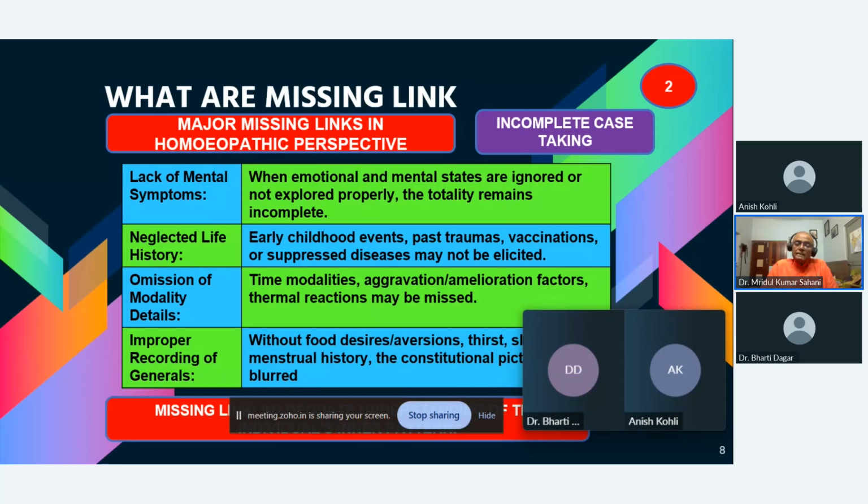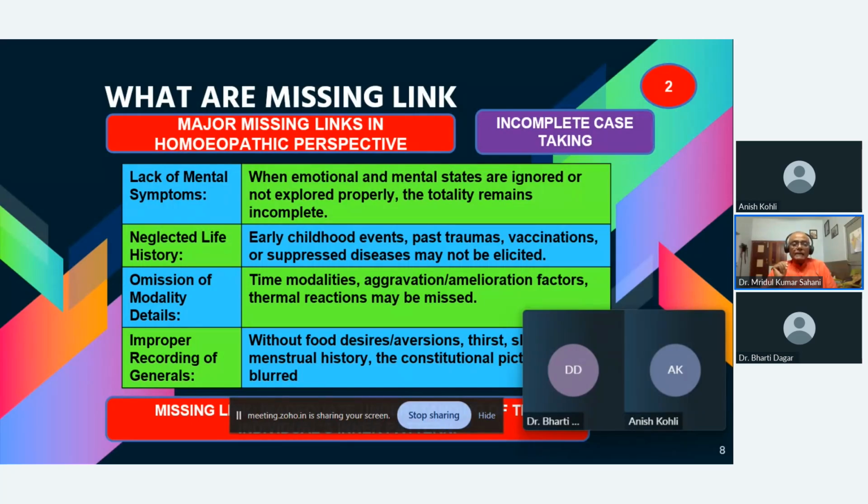What is the meaning of complete case taking? Complete case taking comes only when you have taken the entire mental symptoms, entire past history, entire family history, modality details, and the generalities. So with lack of mental symptoms, because emotional and mental states are ignored and not explored properly, the totality remains incomplete.